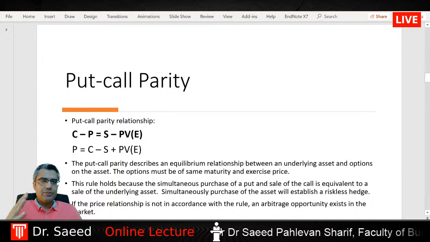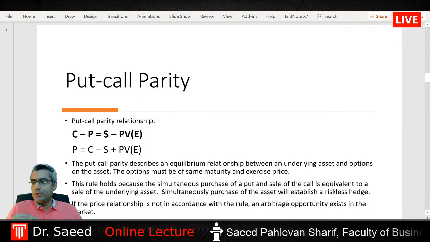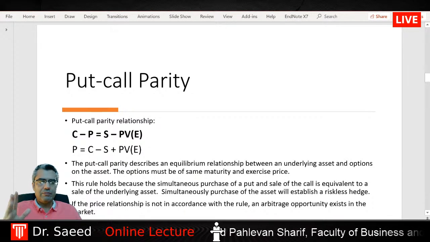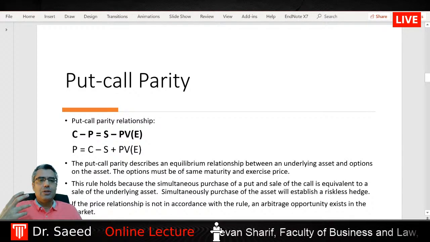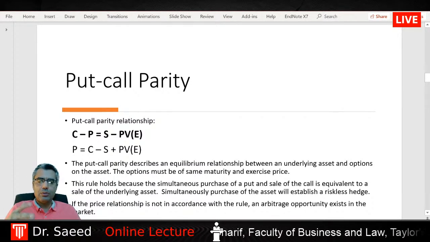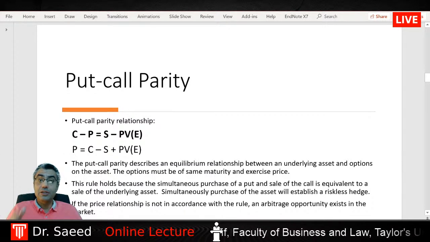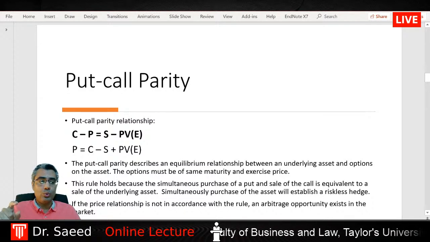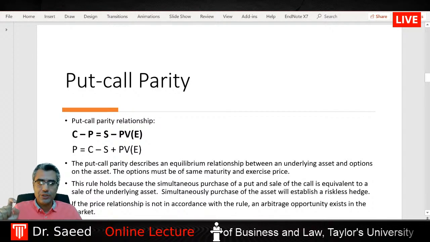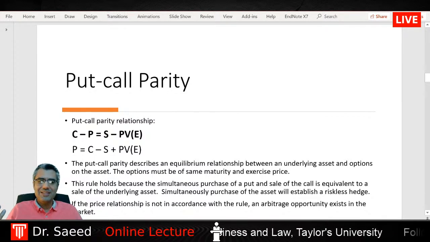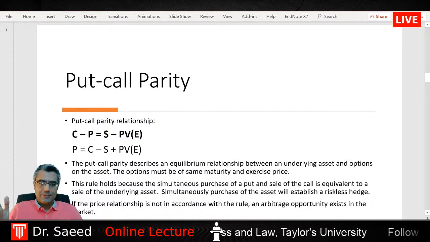And if this equation deviates, if it doesn't work, then this means that there is mispricing. So we expect the call price, put price, and underlying asset price to have a relationship that we show with an equation. So if the equation doesn't work, this means that there is mispricing, right?